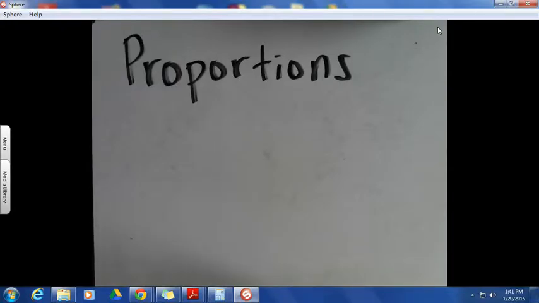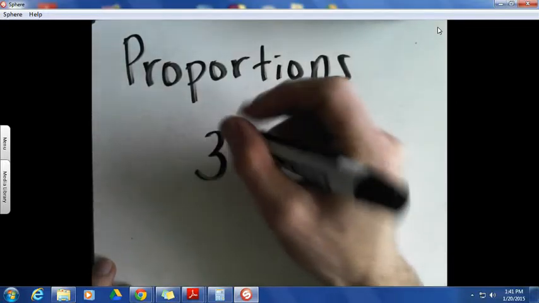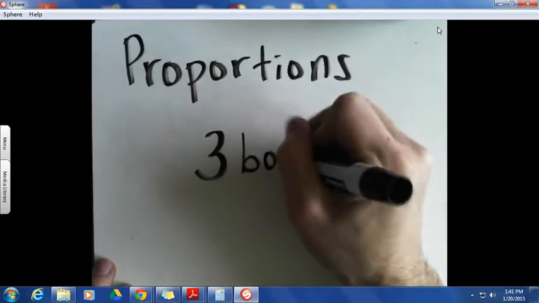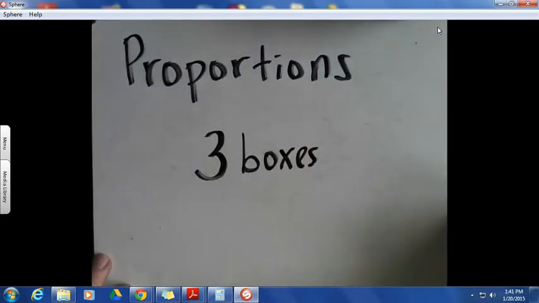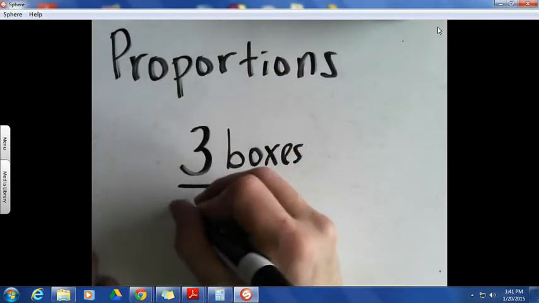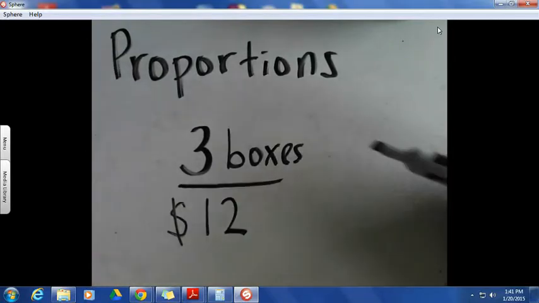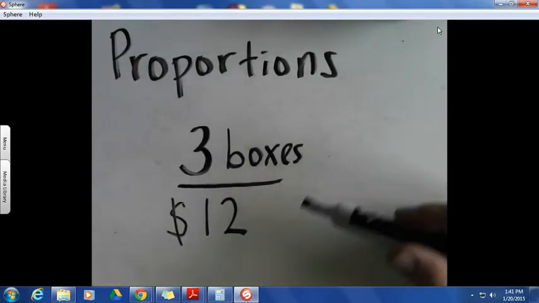So if I took someone out to sell Girl Scout cookies and we sold three boxes of Girl Scout cookies, and we made $12. So we sold three boxes and we made $12.